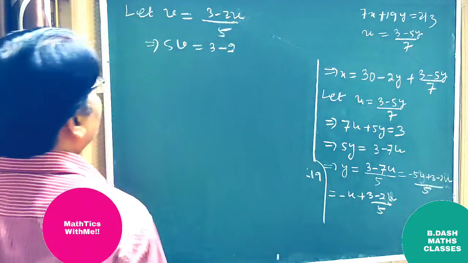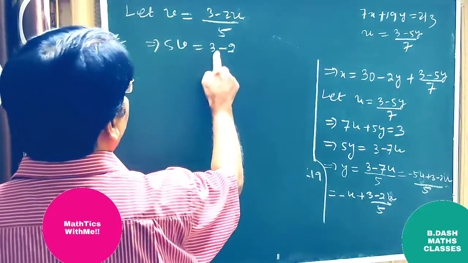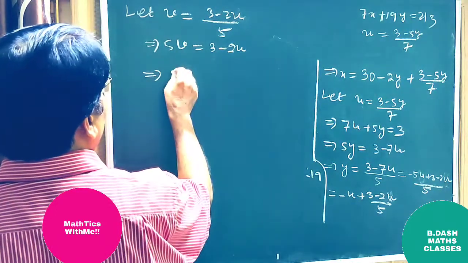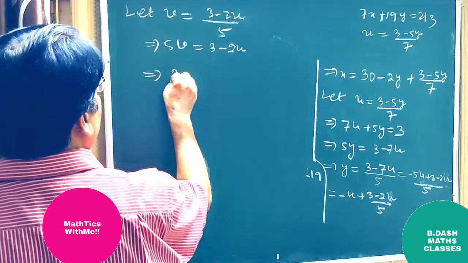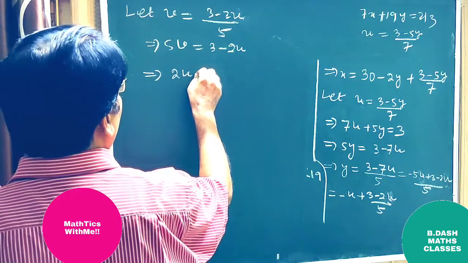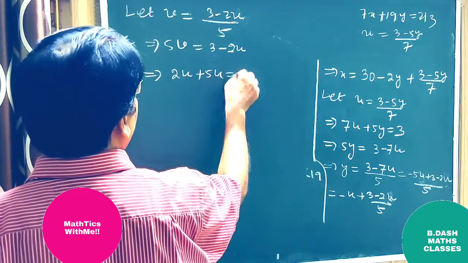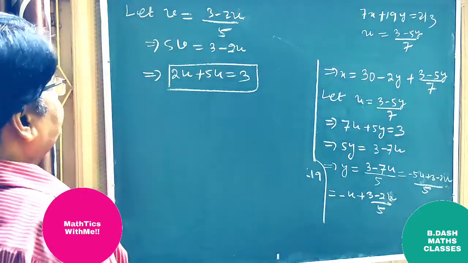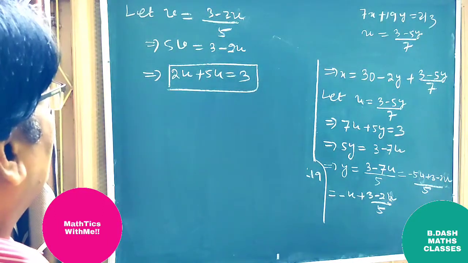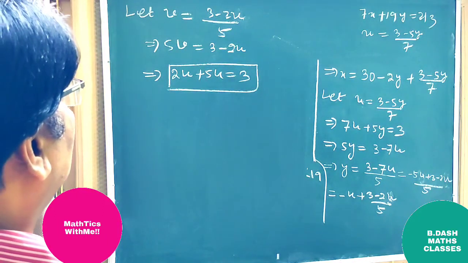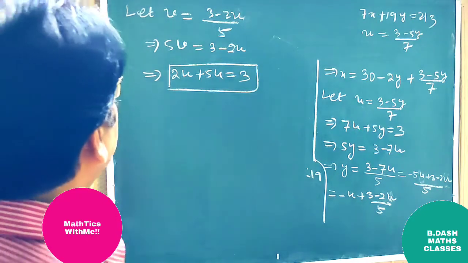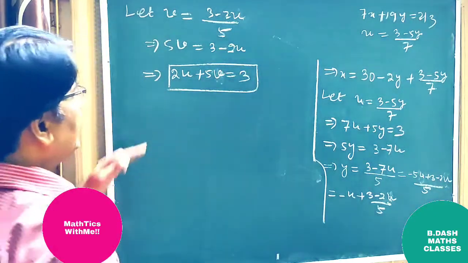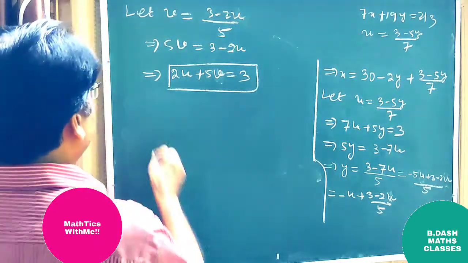So v is equal to (3 minus 2u)/5, 5v is equal to 3 minus 2u. So we are getting 2u plus 5v is equal to 3. Two u plus 5v is equal to 3.